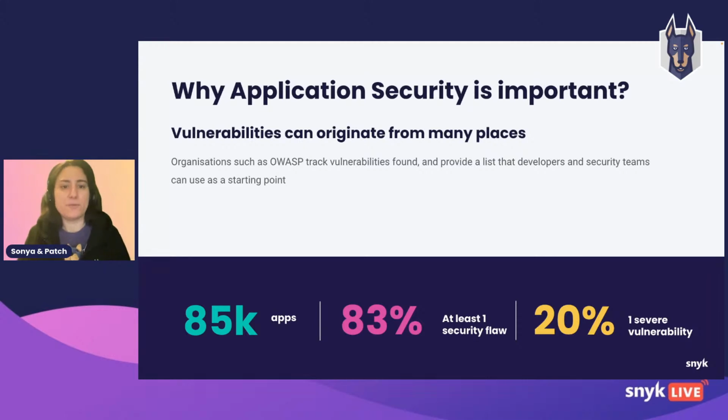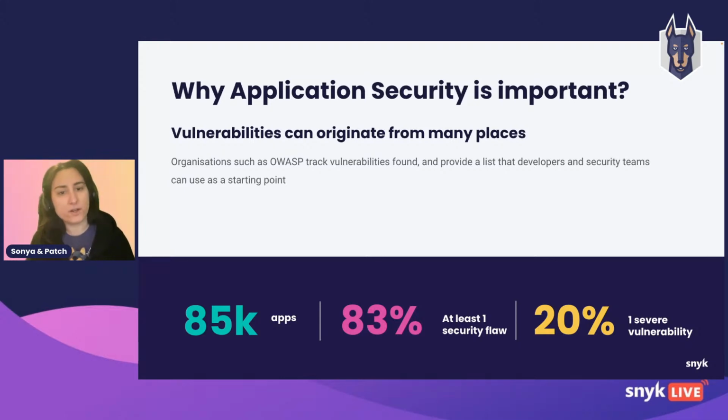Vulnerabilities can originate from something as simple as a configuration error or using a software component that contains a known vulnerability, which is why maintaining and improving application security is so important for businesses. One recent study revealed that out of 85,000 applications that were analyzed, 83% contained at least one security flaw. And of these, 20% were severe vulnerabilities.